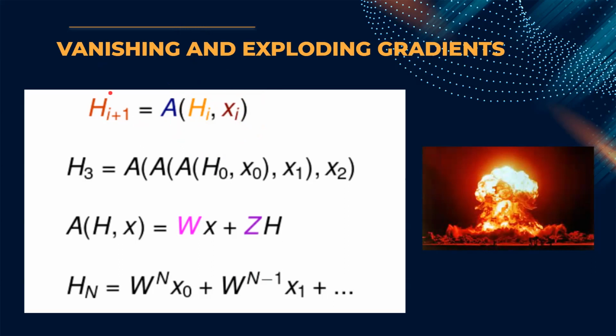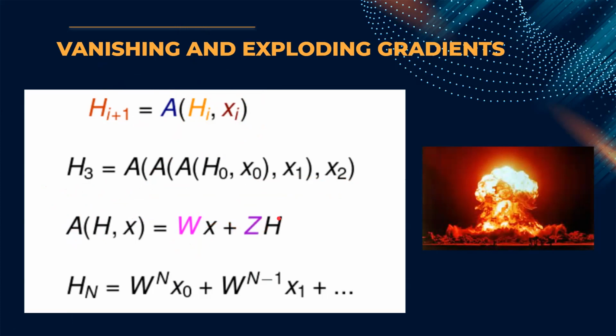Since this is a recursive function, we can write the function in this form. This will give us an equation for the hidden state at the third time step. If we assume a more specific function for the RNN cell, A of H comma X, we can write it as Wx plus UH.